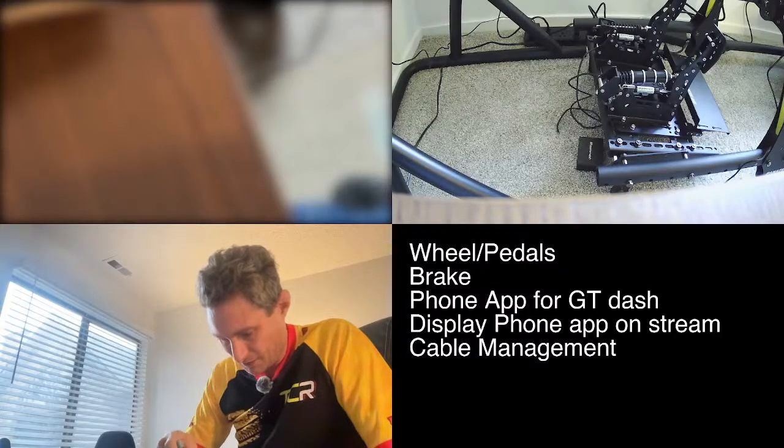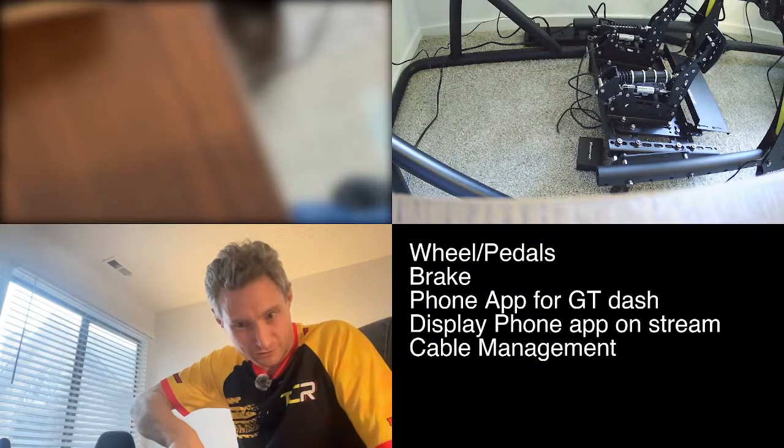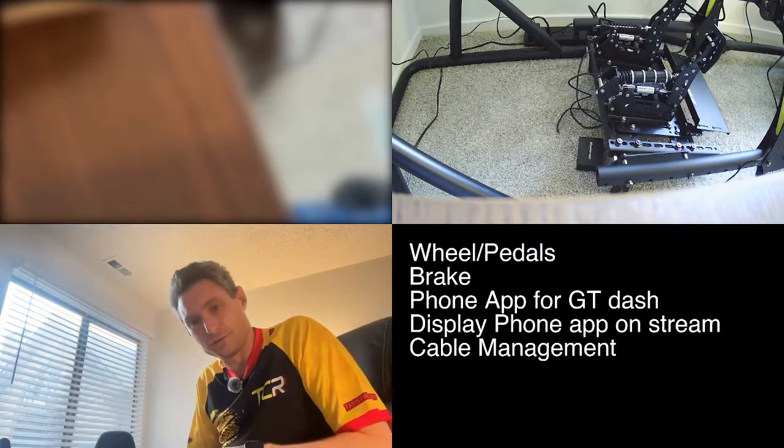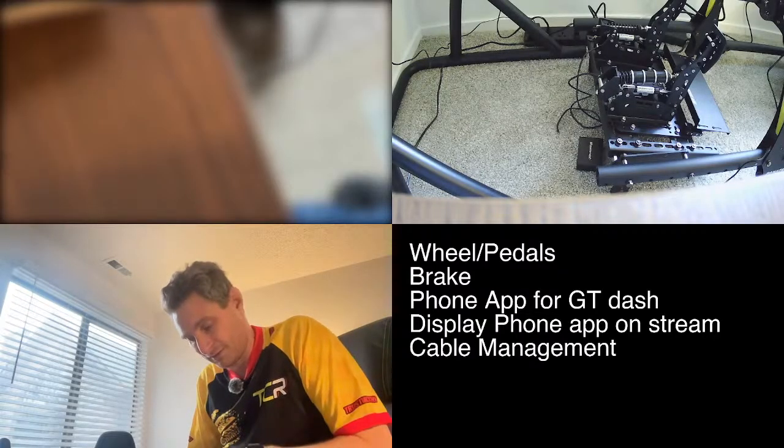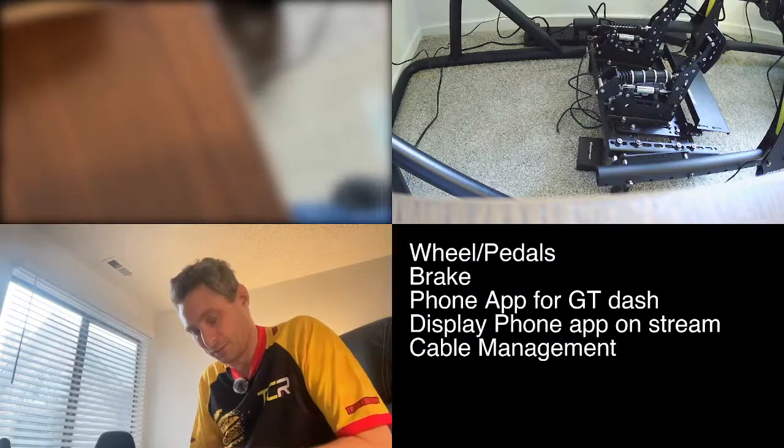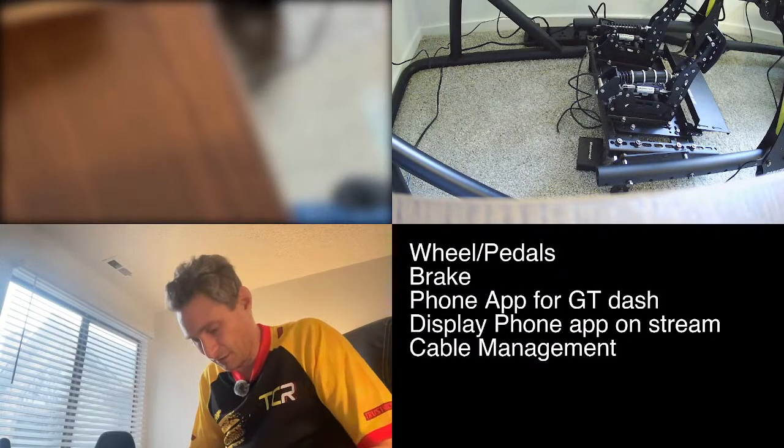But on the videos that they've got, it does look like they're all flush with the wheel, like flush with the pins, which is what mine is. Oh, come on, you silly thing.